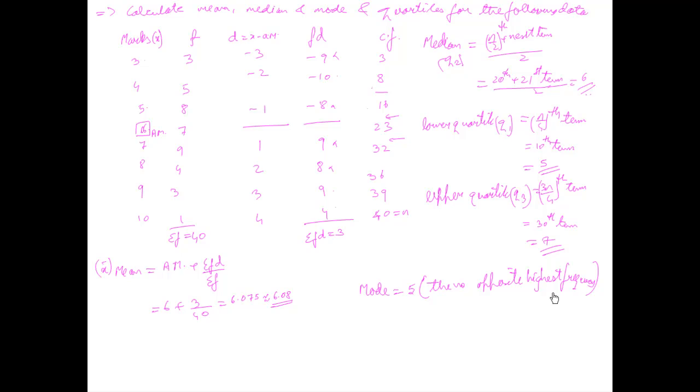So here, children, we have seen mean by shortcut method, median, the formula applicable, lower quartile, upper quartile, and the mode. That's a recap of all that they can possibly ask you in a sum like this.